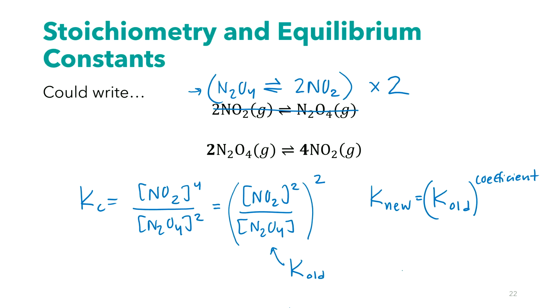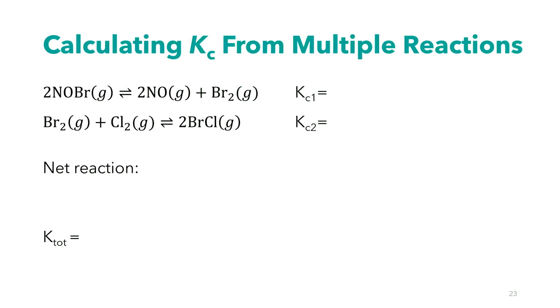And I promise there's a point to doing this, so stick with me. It's not just to torture you. We have one more rule. We reversed it, we multiplied by a constant. The last thing we might want to do is take 2 reactions and add them together. I want you to try and figure out the relationship for this on your own.